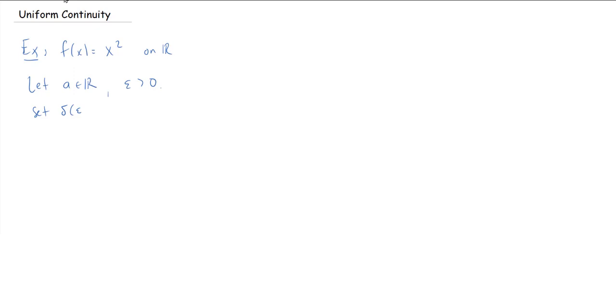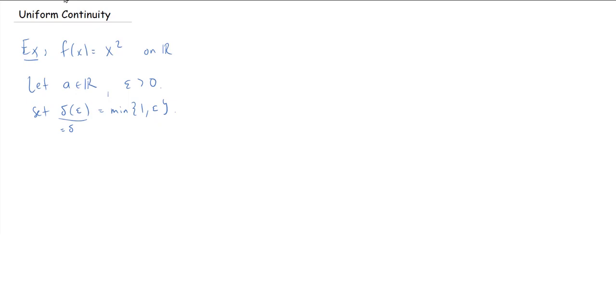Say I set it equal to the minimum. So it's going to be the smaller of two values: either 1 or epsilon. For short, I'll just call this delta.